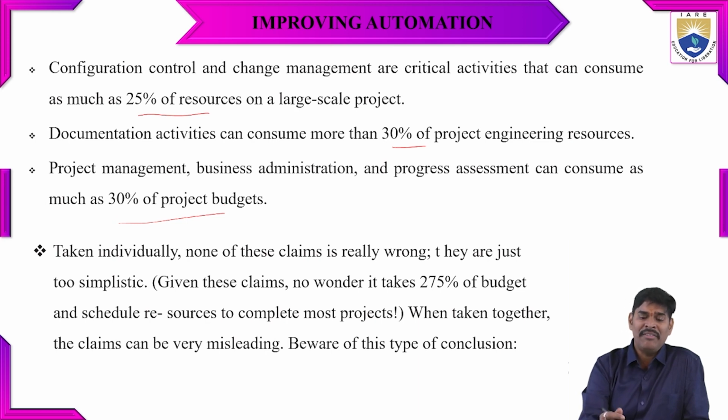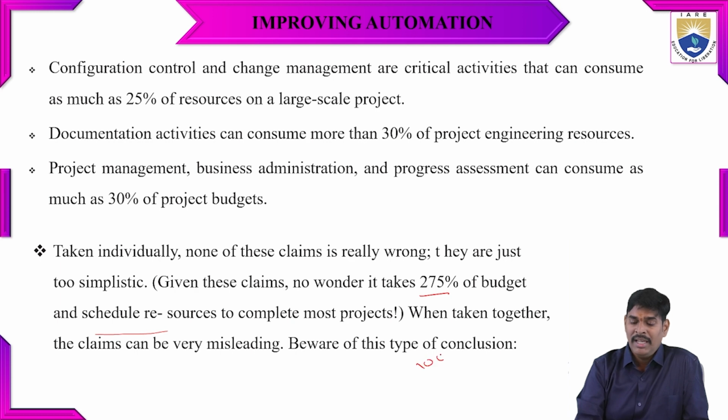It means when you are having automation for the tools, the different phases can use different percentages at each and every stage. When you take them individually, these claims will come out wrong. Instead, the cost of the budget will be 275% of the budget, and scheduled resources, so instead of 100%, the cost will be double or triple.